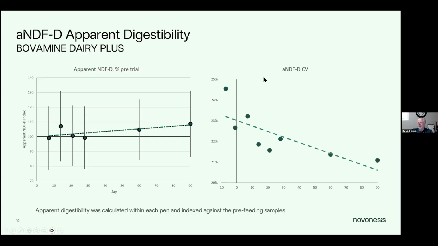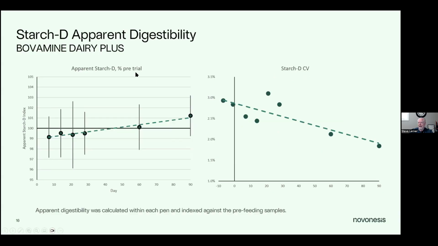And most interestingly, if we look at the coefficient of variation over time, the results show a decrease in variation. And every time you can increase digestibility and reduce variation, that's a win. If we look at starch apparent digestibility, same phenomenon: a steady increase over time and a reduction in variation.